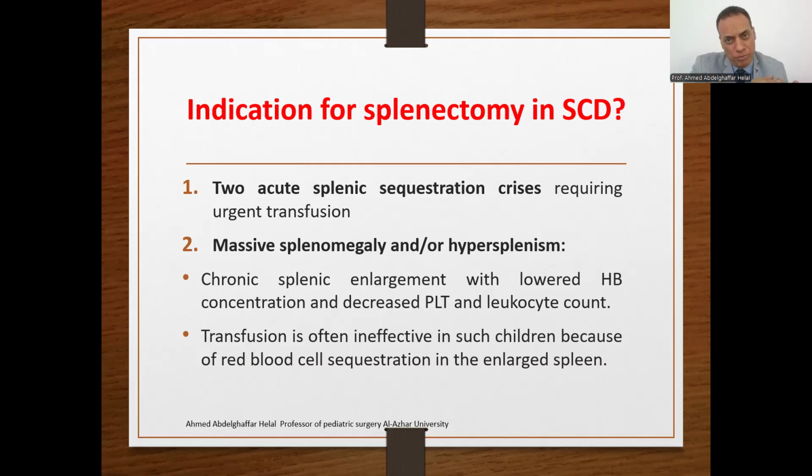The spleen gets very large and destroys all the elements of the blood, the RBCs, the platelets, the white blood cells, and there is what's called pancytopenia. Transfusion in such cases is often ineffective because of the red cell destruction in the enlarged spleen. The spleen will become a large hole for the destruction of all blood elements. So here you should remove the spleen if you have 2 acute splenic sequestration crises requiring urgent transfusion, or if you have massive splenomegaly and/or hypersplenism.